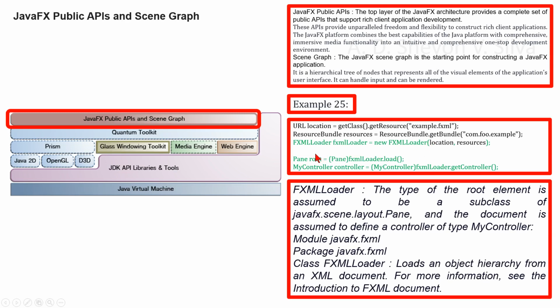StAX is an extremely efficient event-based XML parsing API that is conceptually similar to its predecessor, SAX. It allows an FXML document to be processed in a single pass rather than loaded into an intermediate DOM structure and then post-processed.